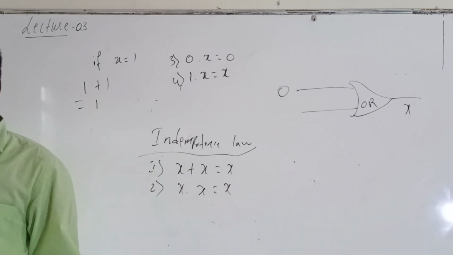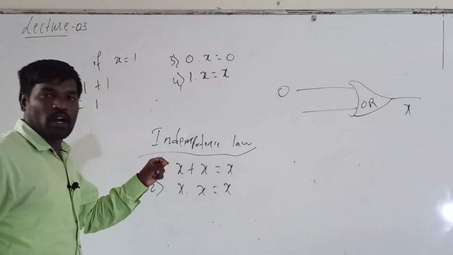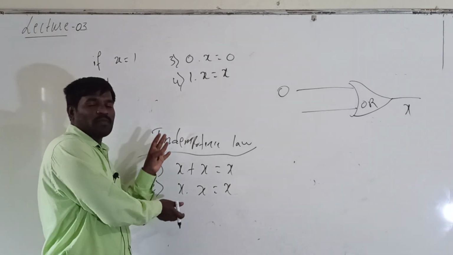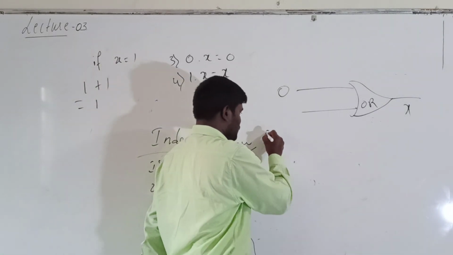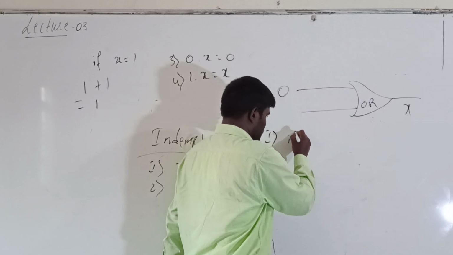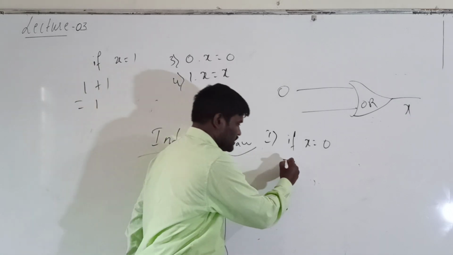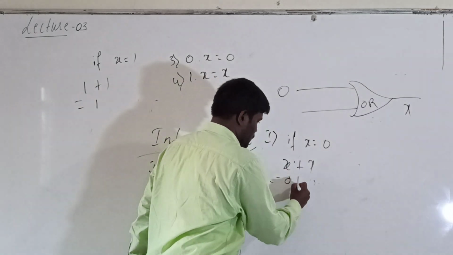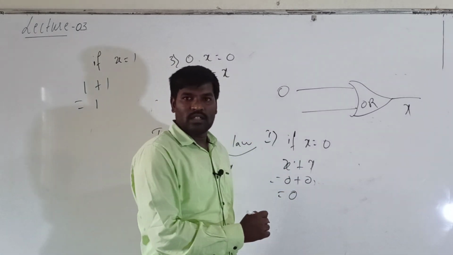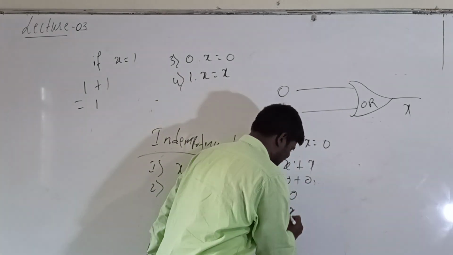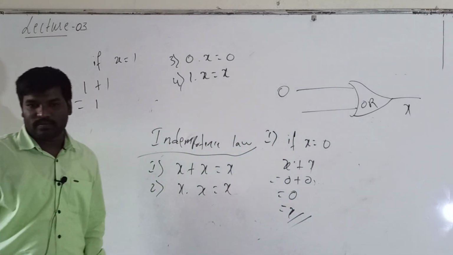With the help of zeros and ones, again we have to prove the two laws of idempotence. First one, if x is equal to 0, x plus x, 0 plus 0 is equal to 0. Instead of writing the 0, I can write x, then the result is proved.